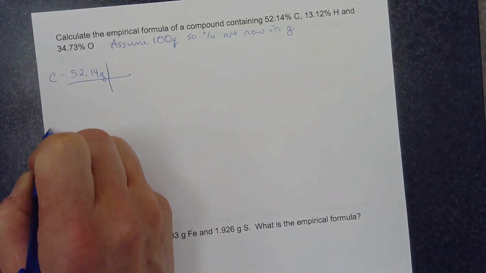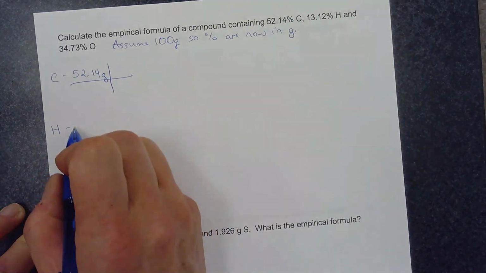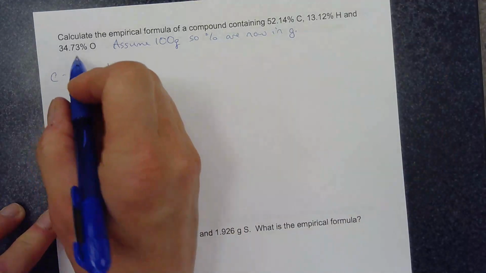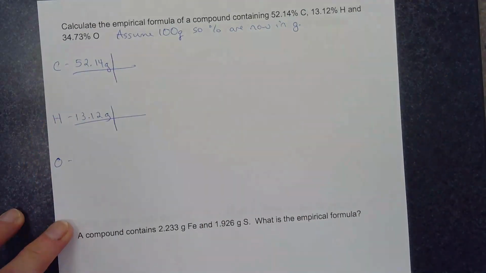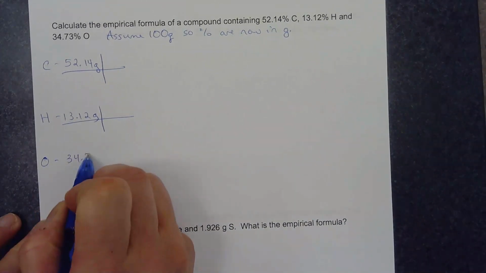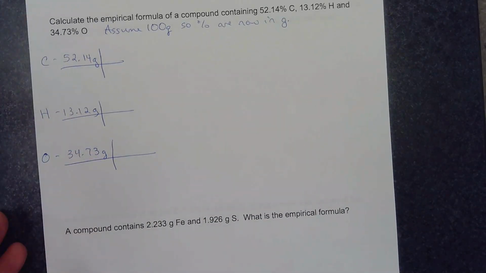Go to the next line. Hydrogen. How many do we have? 13.12 grams. Go to the next space. That's why I give so much space. What's the next one? 34.73 grams.